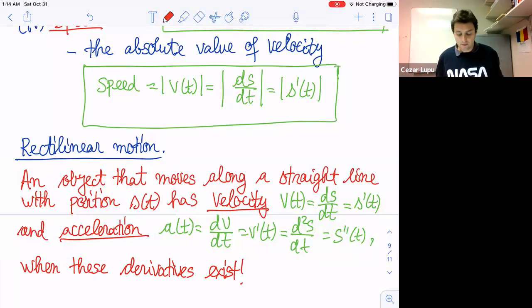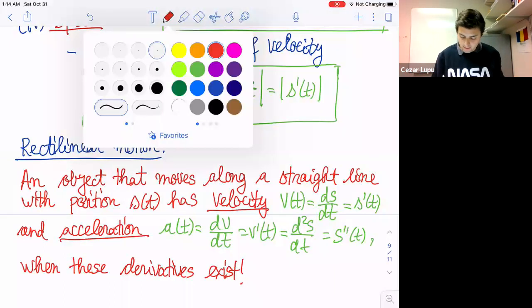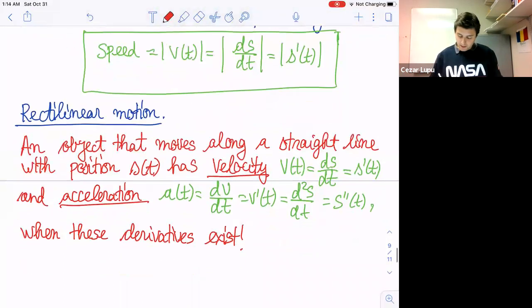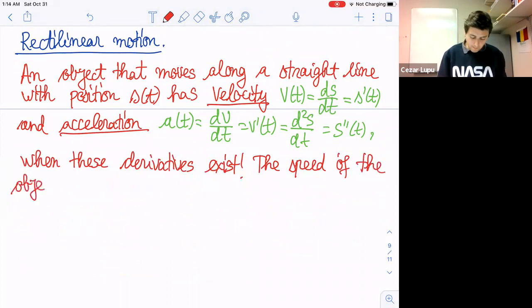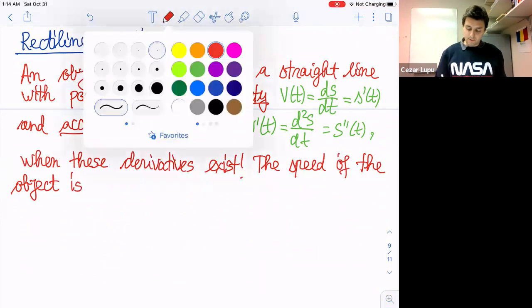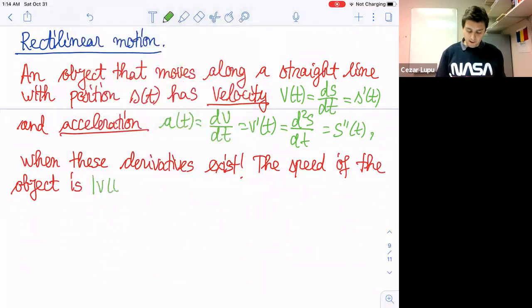And now, as you can see above, the speed of the object is the absolute value of the velocity. So let's write this. The speed of the object is nothing else than the absolute value of v of t.